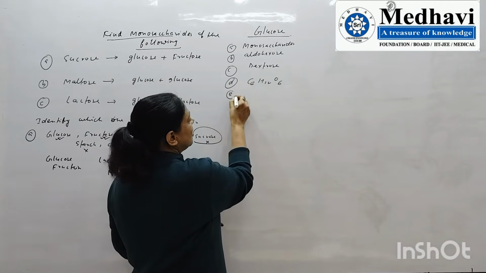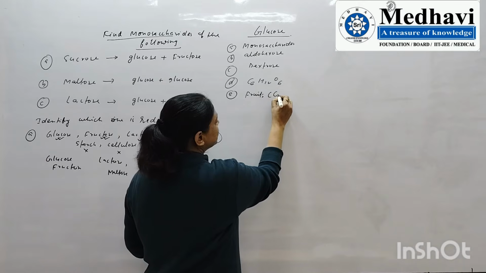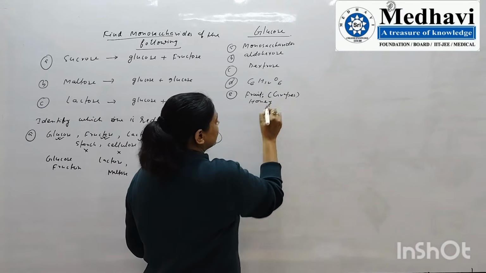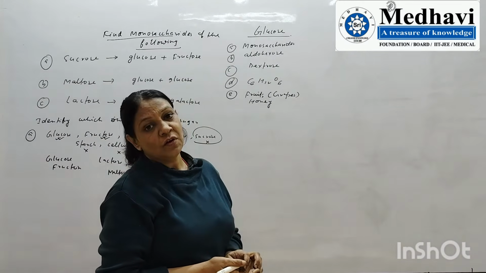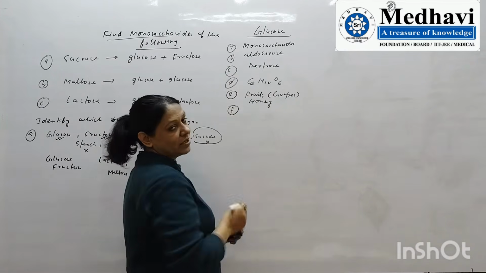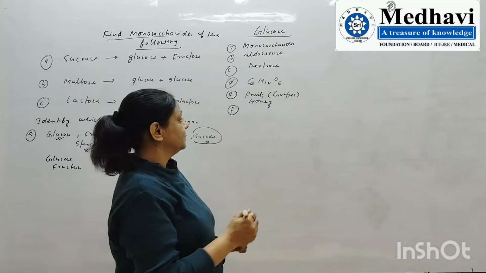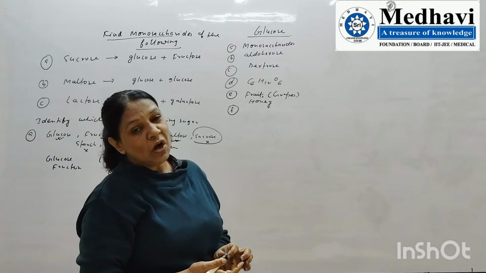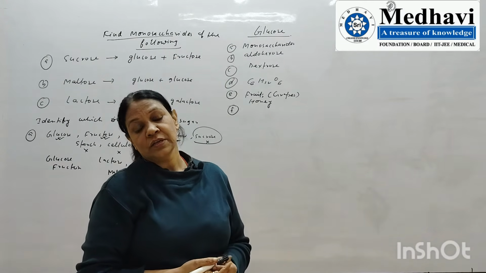We can say it is obtained from fruits, especially grapes, and honey. The sweetness of fruits and honey is also due to the presence of glucose. You can say that it is the end product of digestion in living organisms, heterotrophs.